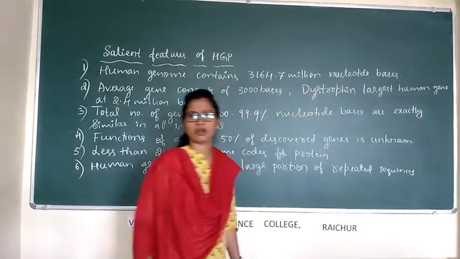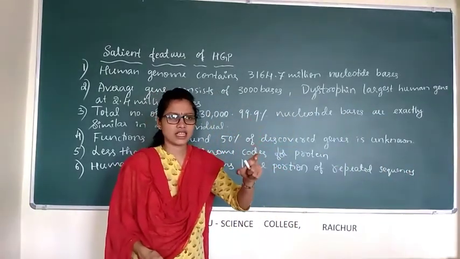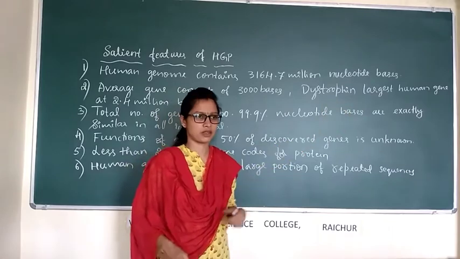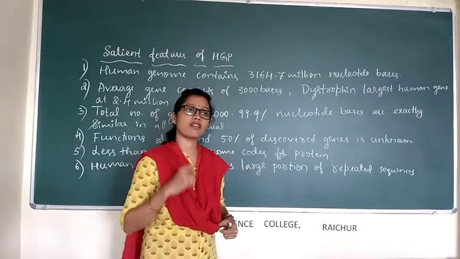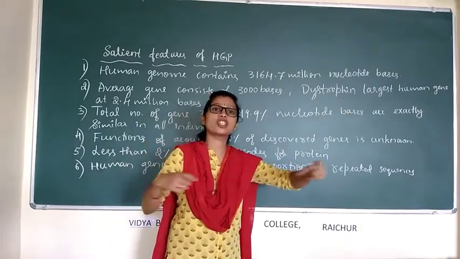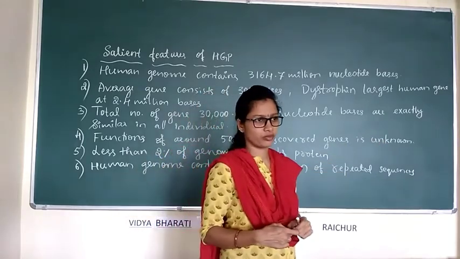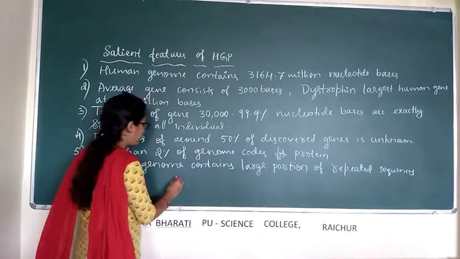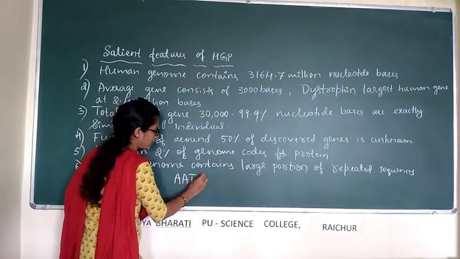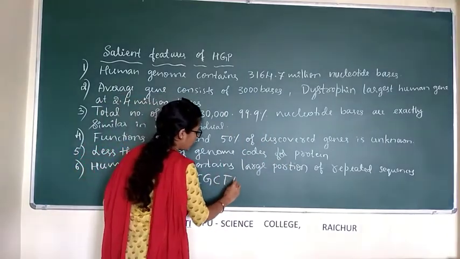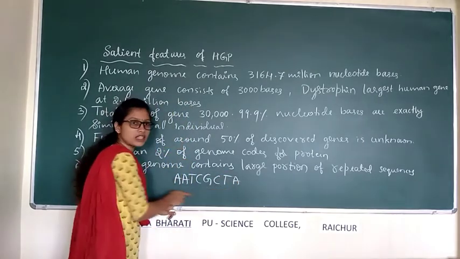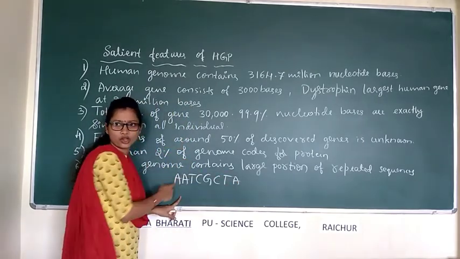Repeated sequences means some sequences are repeated many times, and those repeated sequences form a large portion of the genome. For example, AATCGCTA. This is one sequence of nucleotide bases.